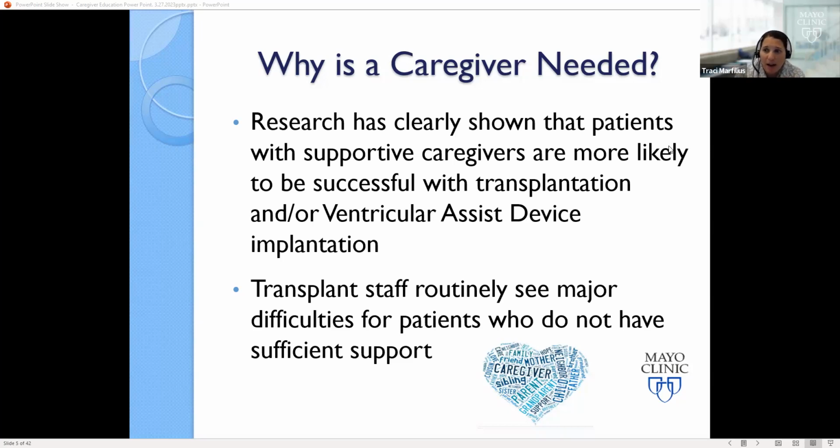They might not be taking them at all, or they're forgetting to get them filled in time. And if those things are happening, it can lead to rejection of that organ. When patients go into rejection, it can be much harder to get a retransplant, if at all possible, when patients haven't shown that they have that sufficient support.